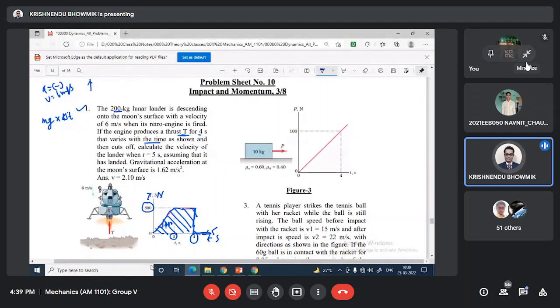So if this is y, this is x. In the y direction, mg minus the thrust T impulse is equal to m v2 minus m v1, is it not?